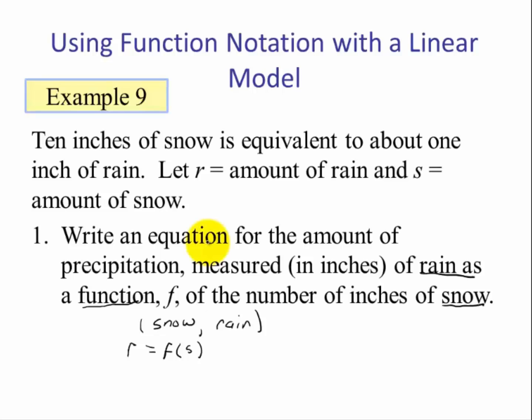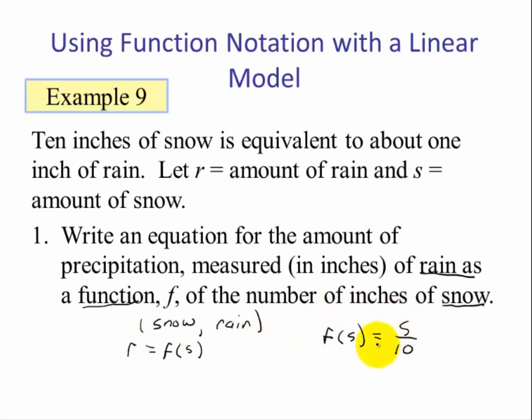The equation, since we know 10 inches of snow is equal to 1 inch of rain, is s divided by 10. So when s is 10, r is 1.